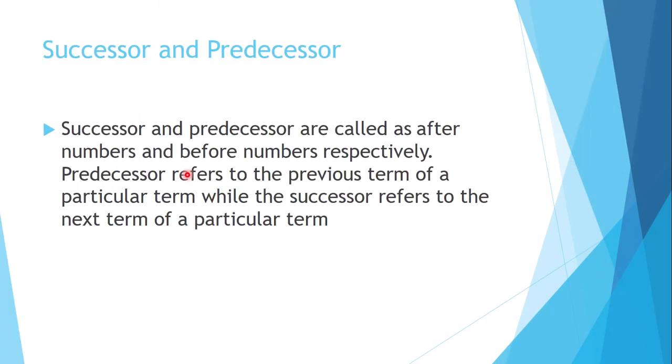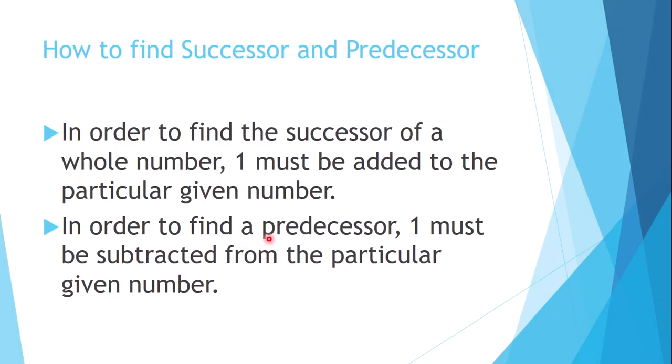Now let me tell you the definition of successor and predecessor. Successor and predecessor are referred to as the after number and before number respectively. Predecessor refers to the previous term of a particular term, while successor refers to the next term. Now, how should one find the successor or predecessor of any given term?